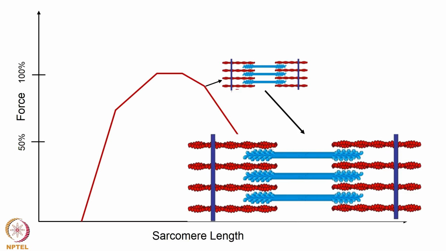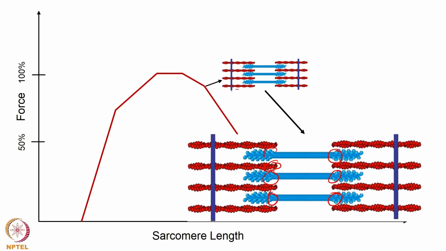See here, some myosin molecules do not have interaction sites. So, these are not able to interact with actin. Why? Because the length has increased further, more than the optimum length.